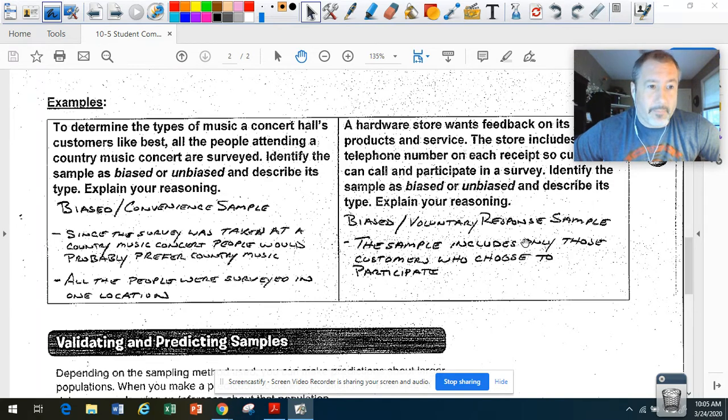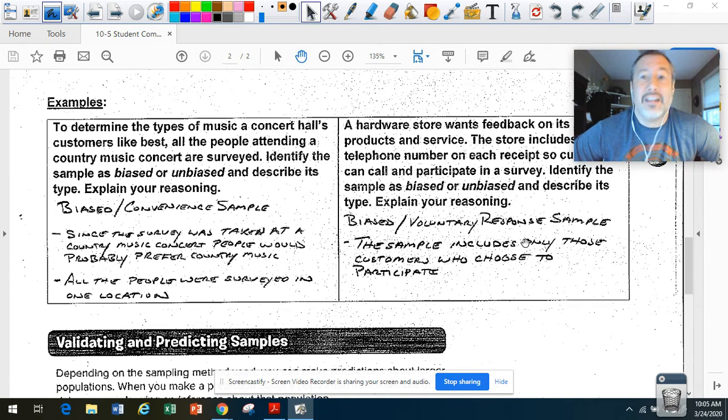Explain your reasoning. Okay, this is definitely biased. Think about this. What type of concert is this? This is a country music concert. Since it's a country music concert, what type of music do you think these people are going to like? Country music. Very good. So a lot of them are going to be picking, hey, we want more country music in this concert hall. So that's why it is biased.